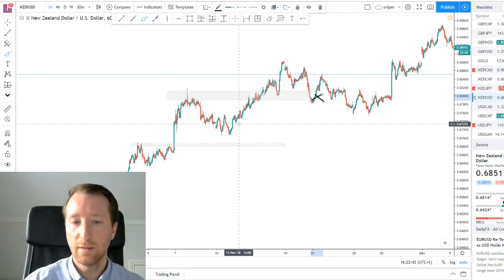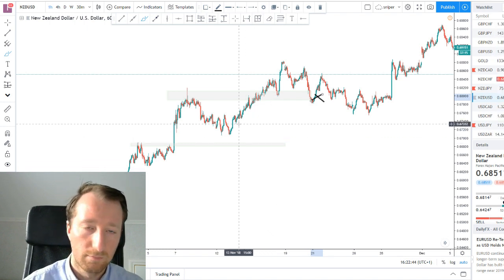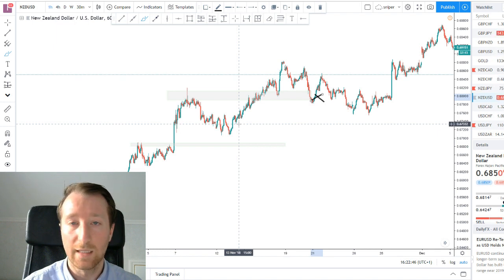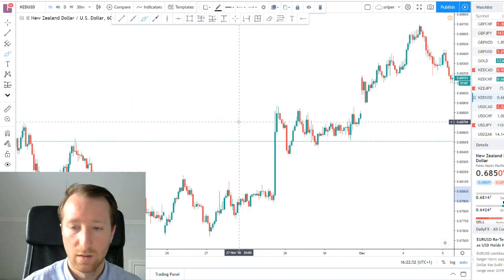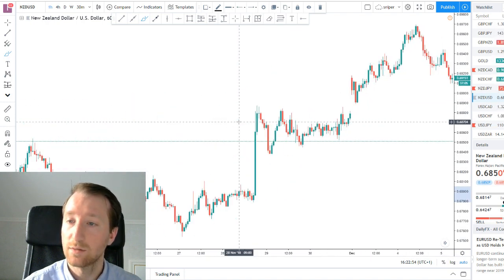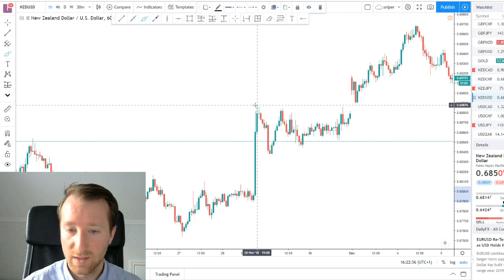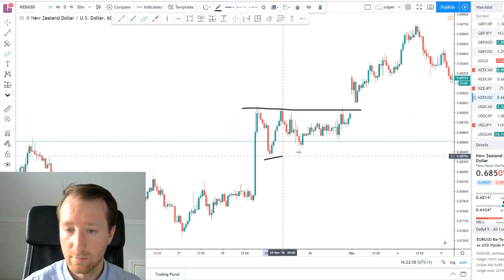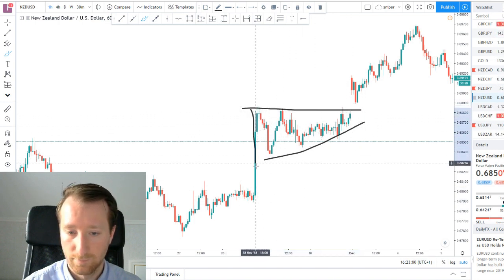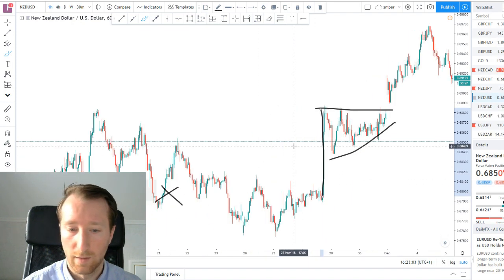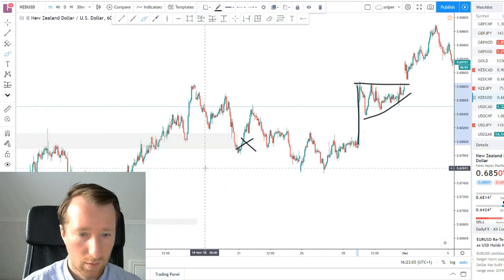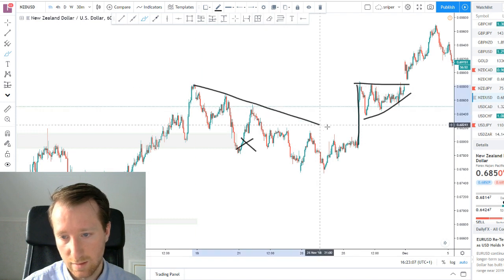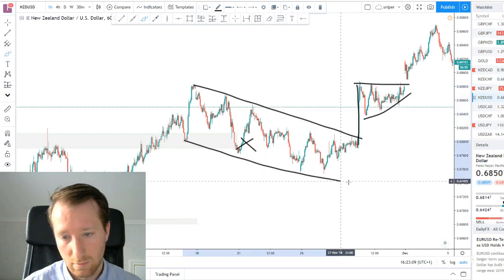As you can see, I'm not looking for individual candles. I'm not looking for patterns. I will discuss this later, of what this really is, what this might be.